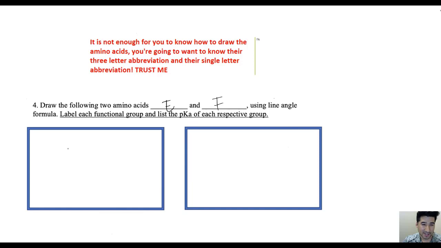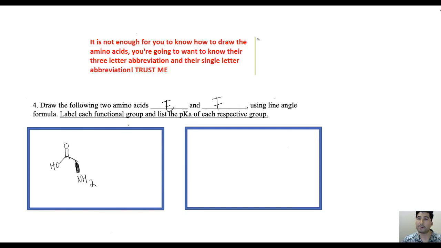Okay, so here's how you should start drawing every single amino acid, and I think this is the best way to do it. The first thing you got to do is draw the carboxylic group, and then draw the amine group. And I'm going to draw the amino acids completely neutral until I'm given a pH.